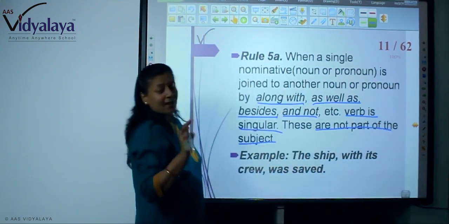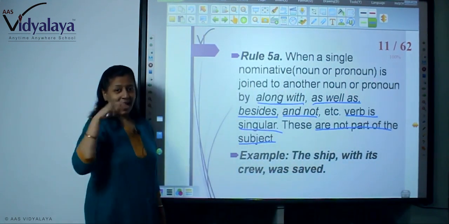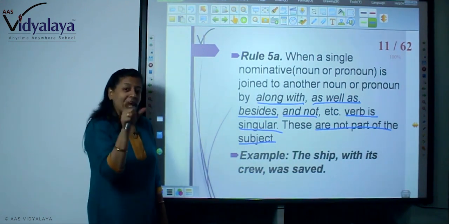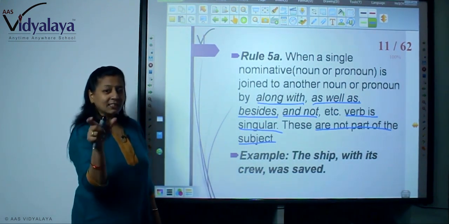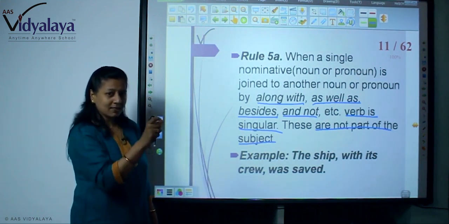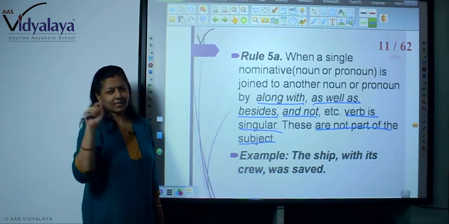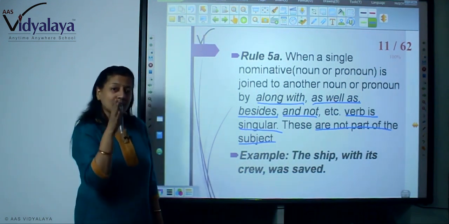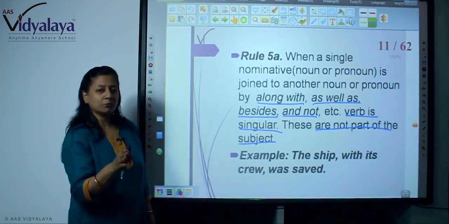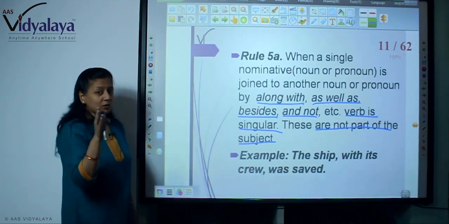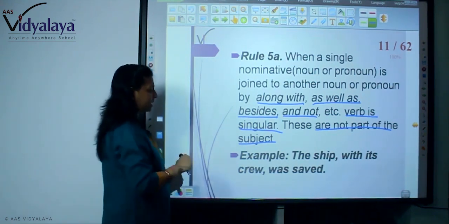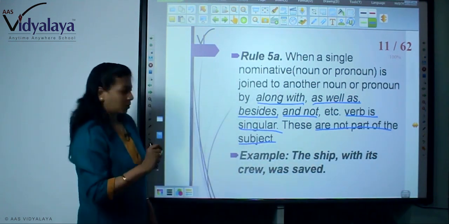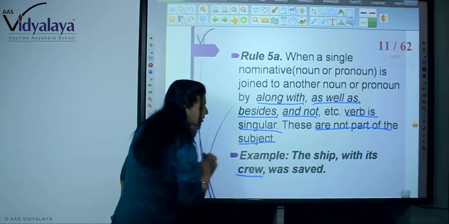See, many a time what we do, we just add the description. So when we are adding the description within the commas, that means the subject is there and we are adding descriptions by putting commas. So your concentration will be on the subject only and the verb is according to the subject. For example, the ship with its crew. You don't have to consider the crew.